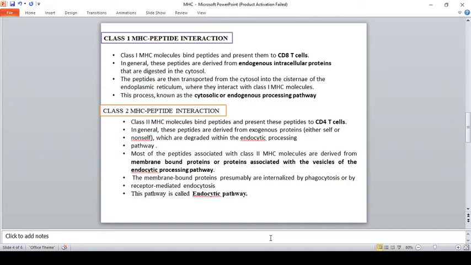These exogenous proteins are degraded in an endocytic pathway, that is most commonly membrane proteins are internalized by phagocytosis or by receptor-mediated endocytosis. They are derived from membrane-bound proteins or proteins associated with the vesicles of the endocytic pathway, and the degradation occurs in the lysosome. This pathway is called the endocytic pathway since the degradation of the peptide occurs in the endosome, that is our lysosomes and phagosomes.